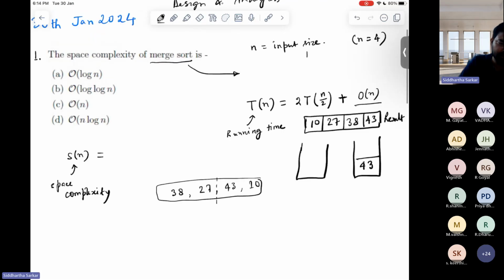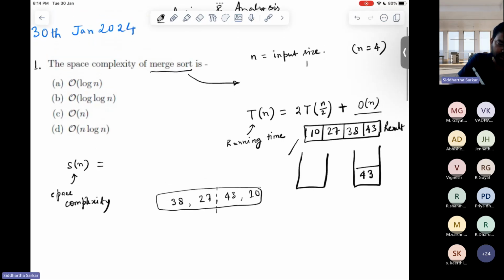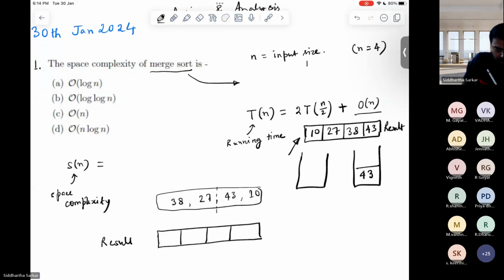So we have a result array, which we are outputting. So the result array is of equal size. This result array is additional. So of course, n elements will require order n space. And how the algorithm has proceeded is that it has divided the array into 2 equal parts.